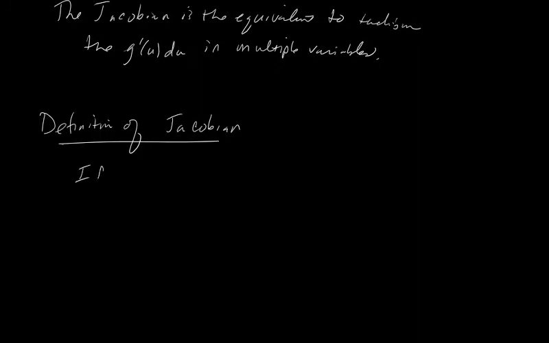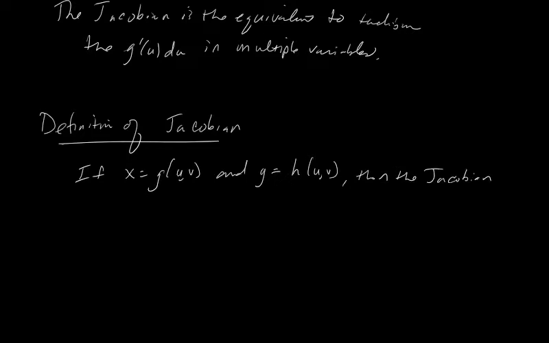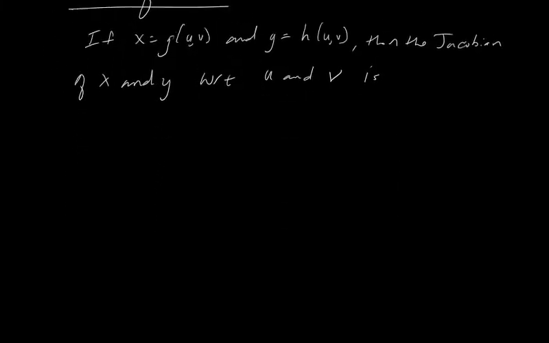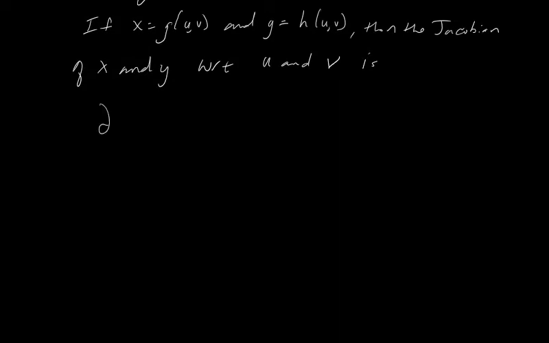Given, let's say, x is equal to g of u, v and y is equal to h of u, v, so both functions of two variables, then the Jacobian of x and y with respect to u and v is the partial of x, y with respect to the partial of u, v.